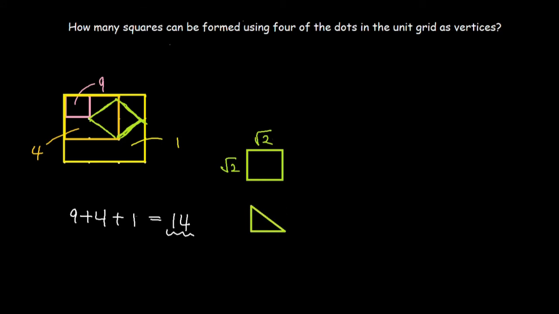Let me zoom out on the triangle right here. Well, we know that this is a unit grid, so we know this is 1 and this is 1. So obviously, if we use the Pythagorean theorem, we can find that the diagonal or the hypotenuse here is going to be radical 2. So we know for sure that this is a radical 2 by radical 2 square.